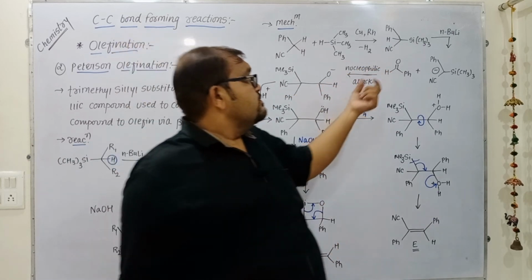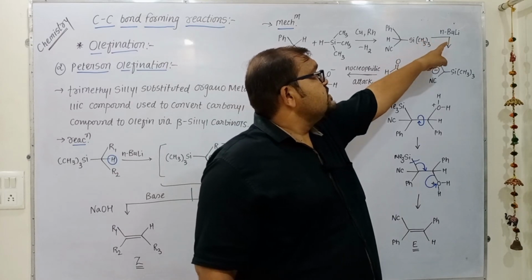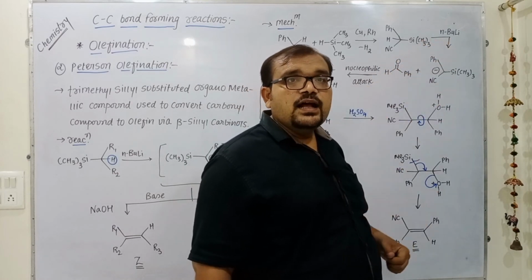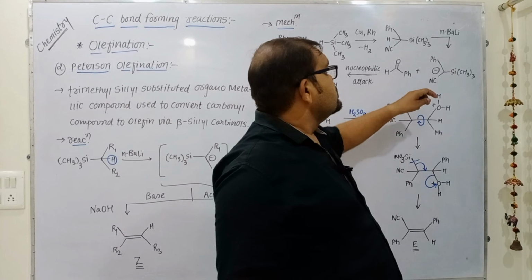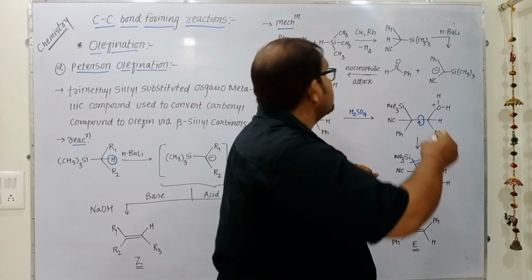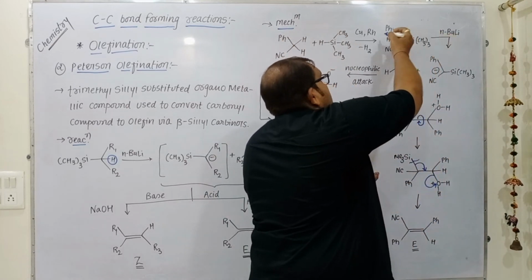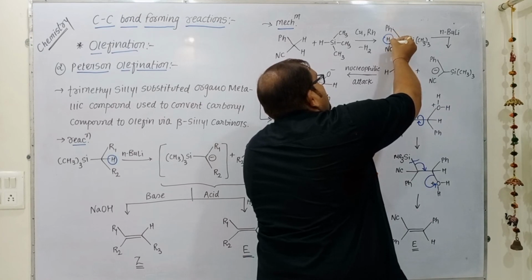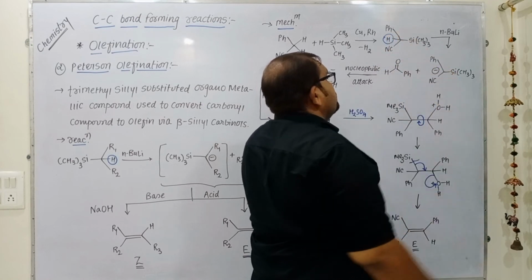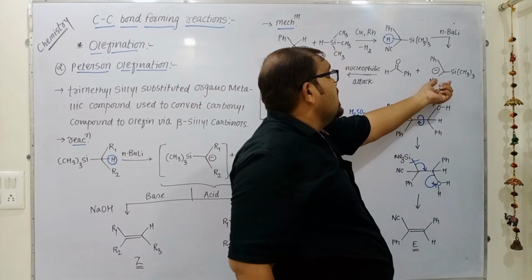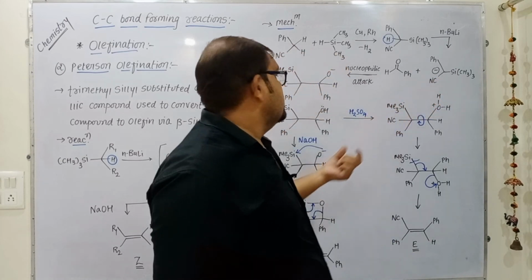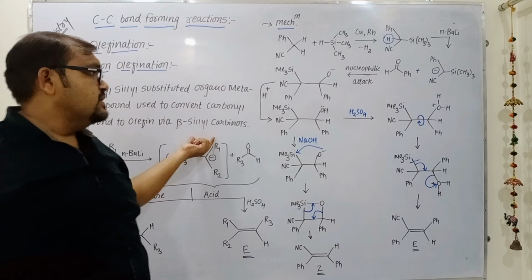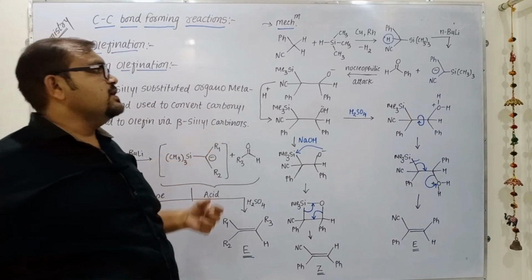Now this is followed by reaction with a strong base, that is n-butyllithium. So what will happen, friends? This base will abstract this particular proton and we will get this type of carbanion, which, as we have discussed here, is the beta silyl carbinol.